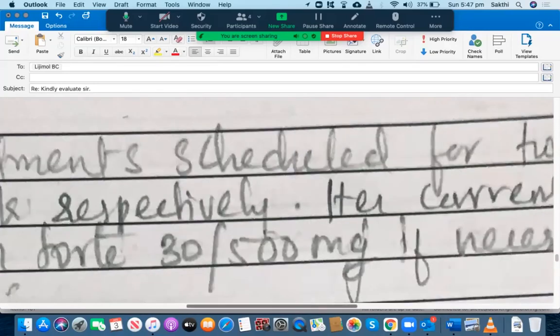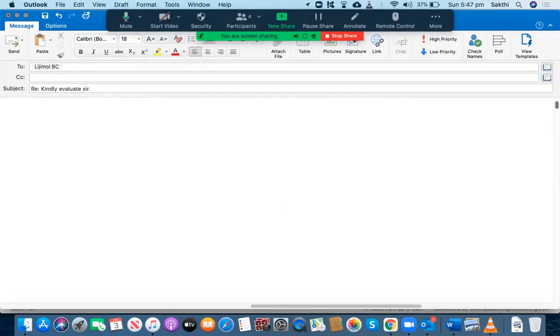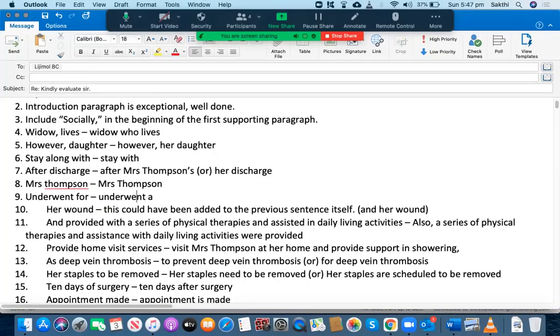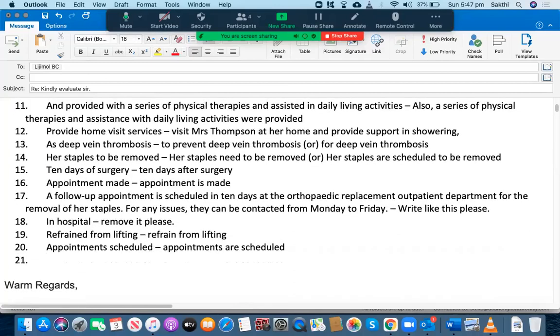You don't need to use "for" in this case. You should have used scheduled for 2 times and 1 time, instead of that. I mean, you should reduce the number of words. Don't add unnecessary words. So instead of that, what you should have done is scheduled twice and once a week respectively.